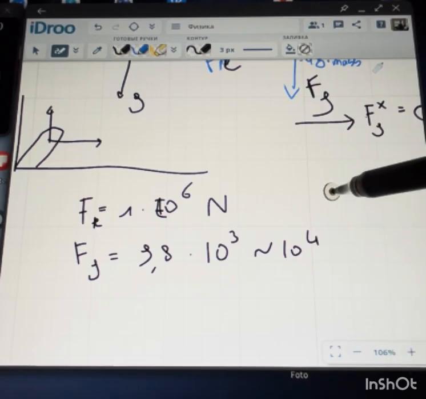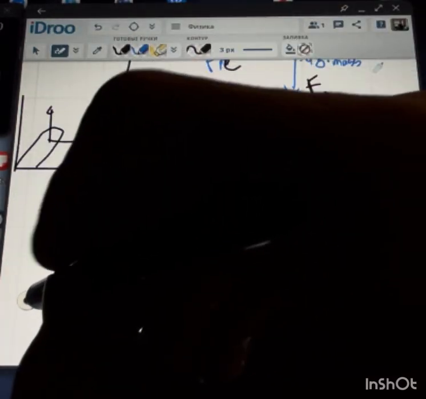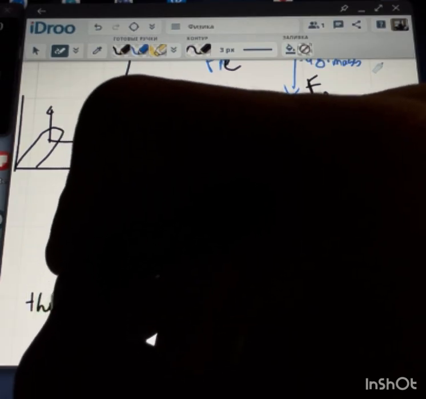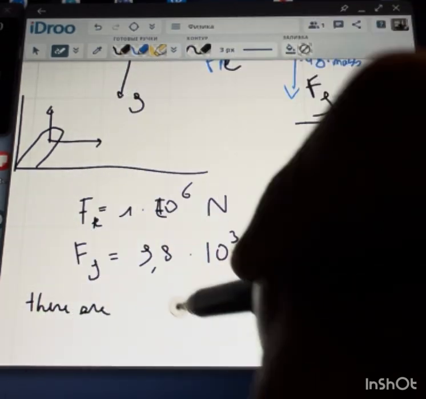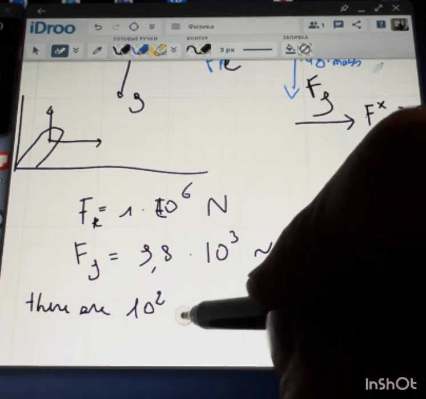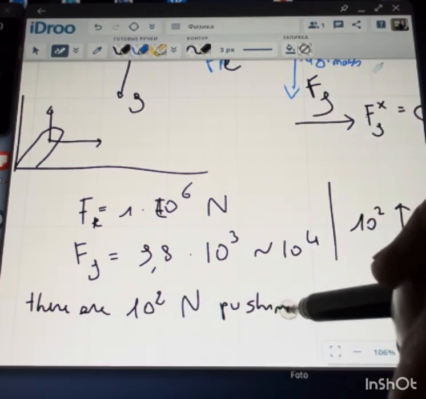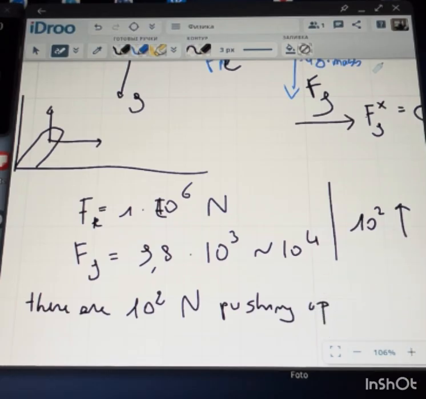So the net force is 10 to the second power going up, right? So there are 100 newtons of force pushing it up.